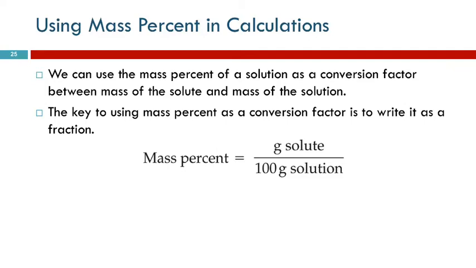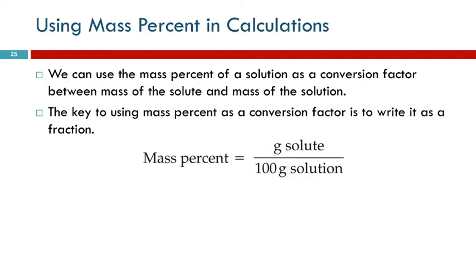Mass percent, just like percent composition, can be used as a conversion factor. So you've got the mass percent, like we just calculated, 2.67%. That's grams of solute per 100 grams of solution.